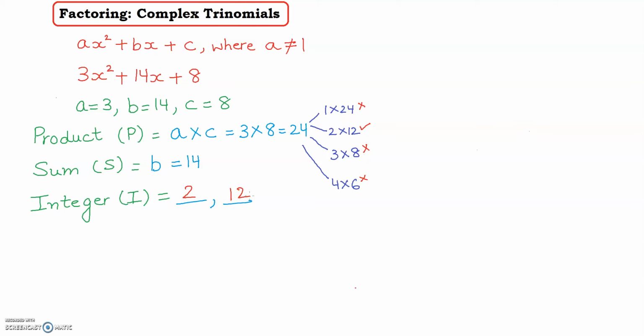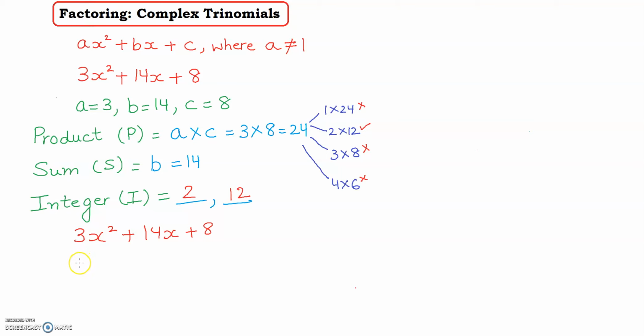So now let's go back to the trinomial we had. Our trinomial was 3x squared plus 14x plus 8. Now, for the PSI way, or the decomposition method, we have to break up the middle term, which is 14x, into 2x and 12x.